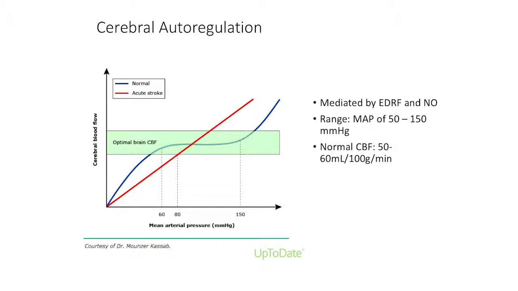And then the oxygen utilization is 20% of the body. Therefore, you can see how highly metabolic the requirement is. 15% of cardiac output, 20% of oxygen utilization, and it's only 2% of the total body. That's how significant the supply should be because of metabolism.